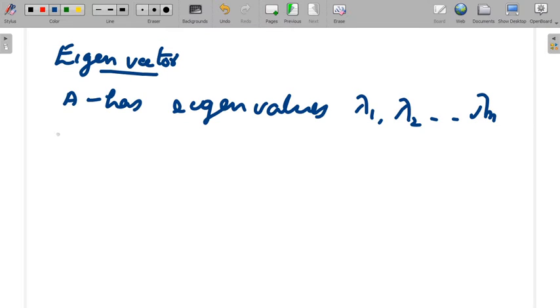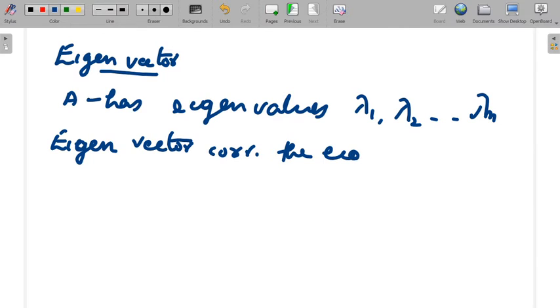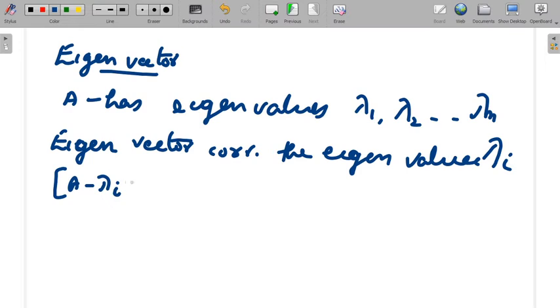Now the eigenvector corresponding to the eigenvalue lambda i, where i varies from 1 to n, is obtained as the solution of the homogeneous system of linear equations A minus lambda I into x is equal to 0.